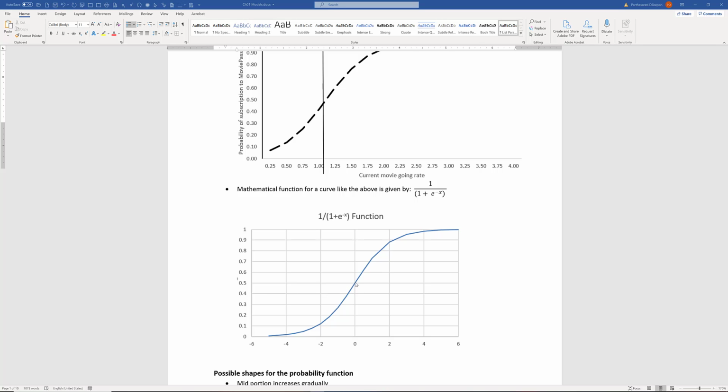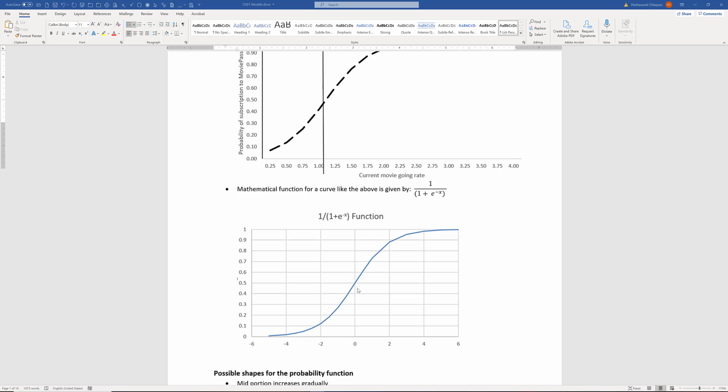So that would be like the break-even point, right? If your current movie going rate is equal to the break-even movie going rate, then you get a probability of 50-50. So you can say that x is the difference between the current movie going rate and the break-even point. If we take x to be the current movie going rate minus the break-even point, then when the current movie going rate is smaller than the break-even point, you will get negative values for x.